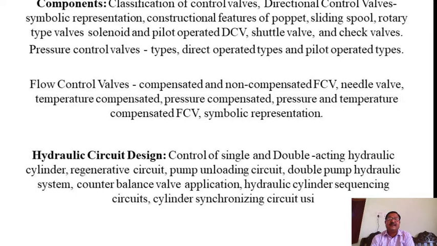A hydraulic circuit is nothing but various hydraulic components interconnected by pipes. If you take the example of the hydraulic system of a surface grinding machine, moving the grinding wheel and moving the table are all done by this hydraulic system.